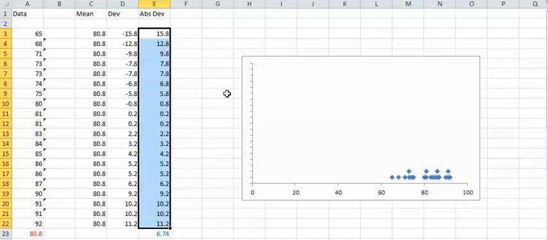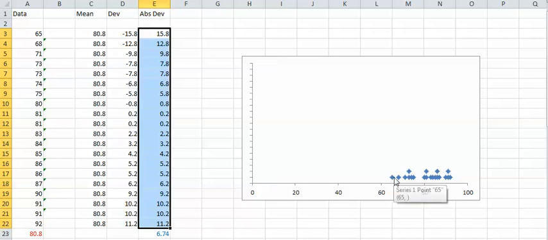And we can see that these absolute deviations aren't always the same number because some values are closer to the mean than others. These data values down here have big absolute deviations because they're far away from the mean. I think this one is 15.8 from the mean, and this one right here is 12.8 from the mean.